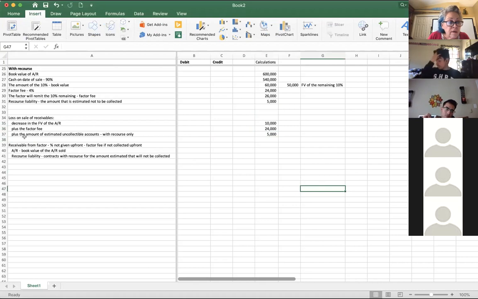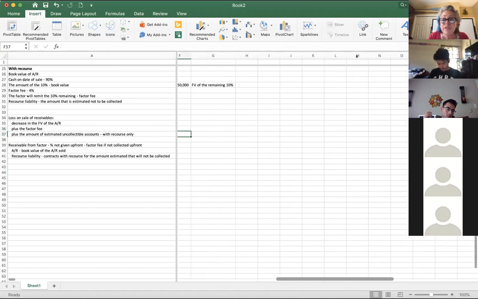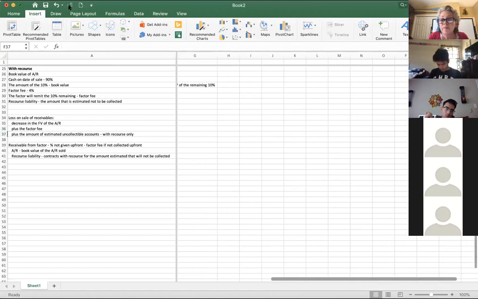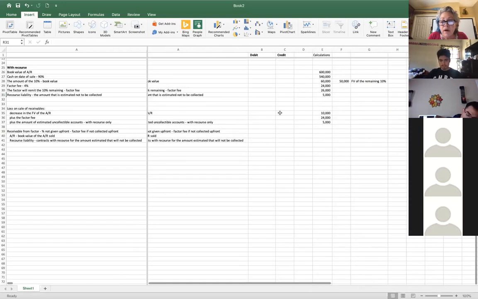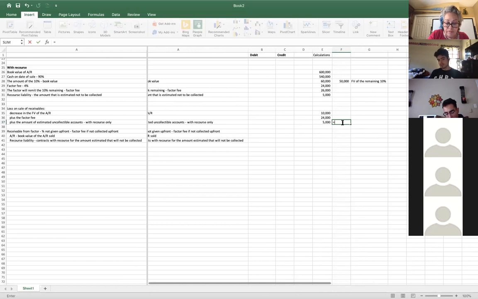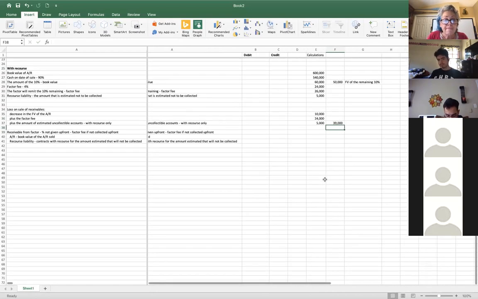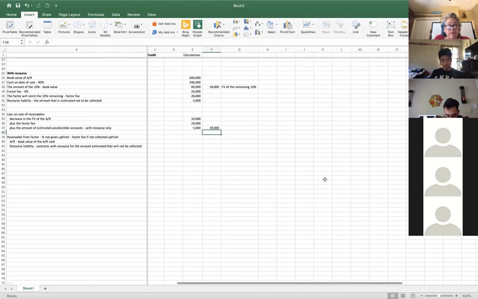So the total of my loss on my receivables is the sum of those numbers. Okay? So my loss on my sale of receivables is $5,000 higher because of the amount of recourse that I could have.